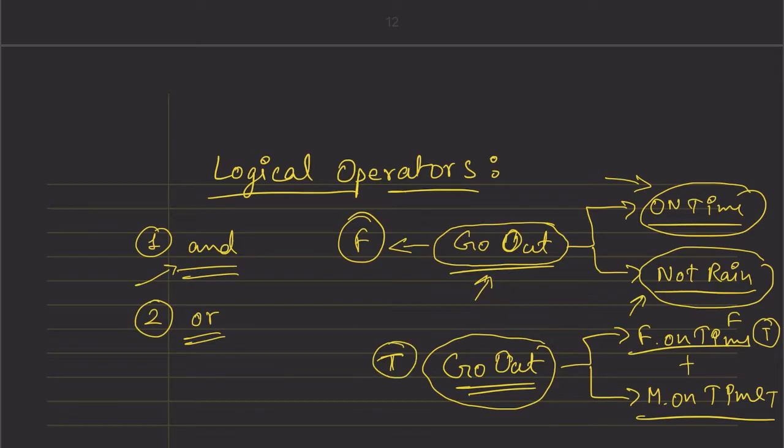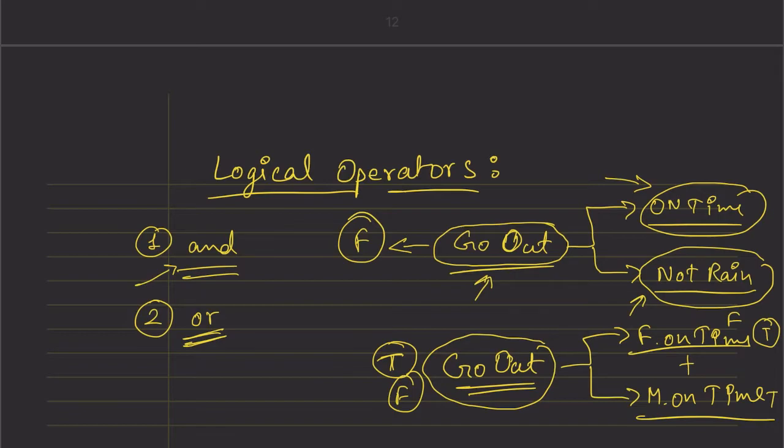But if none of them comes on time, you cannot go out. So if you're implementing the OR logical operator, at least one of the conditions you're combining using the OR operator should be true in order for the decision to be true.